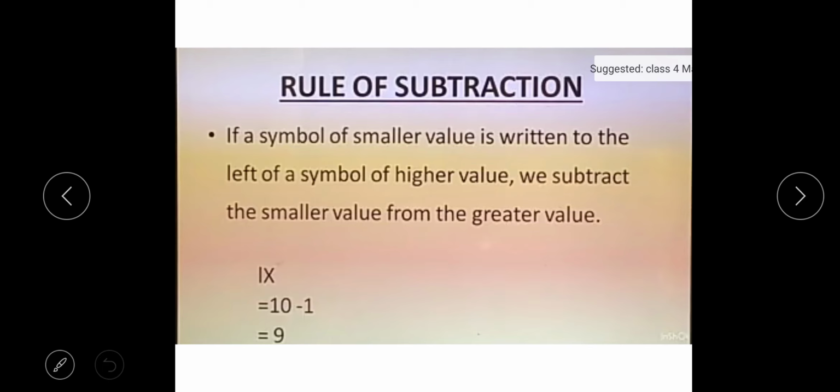Then next, the rule of subtraction. If a symbol of a smaller value is written to the left of a symbol of a higher value, we subtract the smaller value from the greater value. Here I is smaller, X is higher, and I is at the left side of X. So that time we have to subtract the smaller value from the higher value.